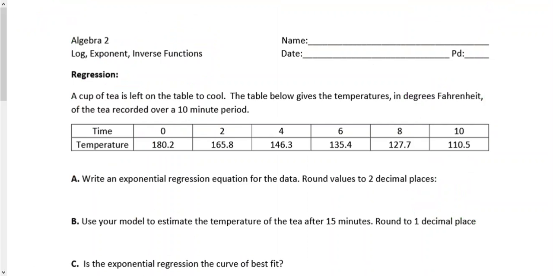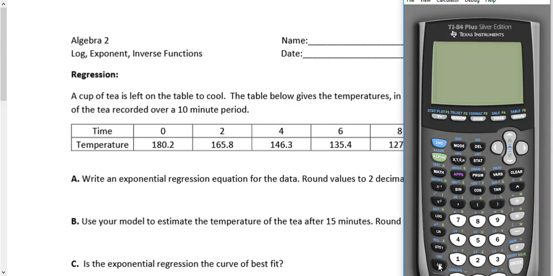Now, if we flip the page, we get back to something that we've done 2 or 3 units before, and this is all calculator. So the top just explains what this chart is about, and anytime we see a chart in our calculator, we want to go to Stat, Edit. So list 1, I'm going to put the top, which is 0, 2, 4, 6, 8, 10.